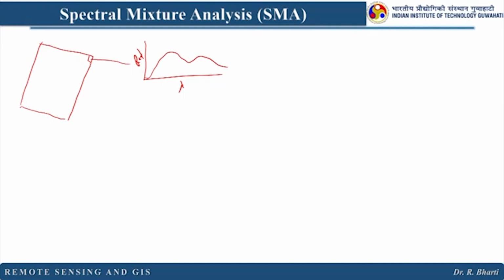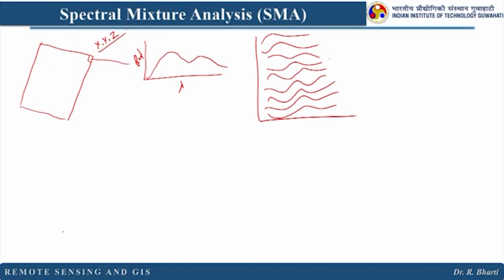We are trying to resolve this spectra in terms of x, y and z, because we know that x, y, z are present in that particular pixel, but we do not know the contribution of x, y and z. So, we need to resolve this in terms of library spectra. For x, y, z we have the library spectra, and the library has many. These three are included in this library.